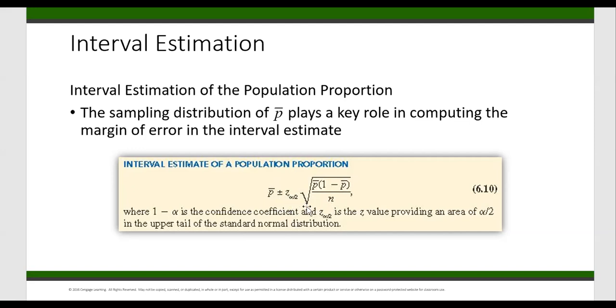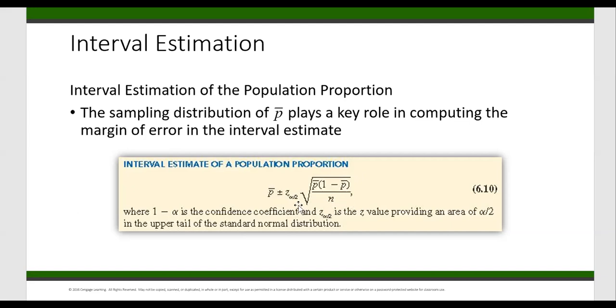Now, the margin of error is z value, z half of alpha, times the standard error. And standard error for population proportion would be square root of P bar times 1 minus P bar divided by N. Now, you need to take the square root of the whole thing, all right?